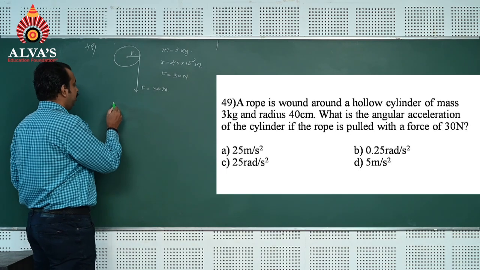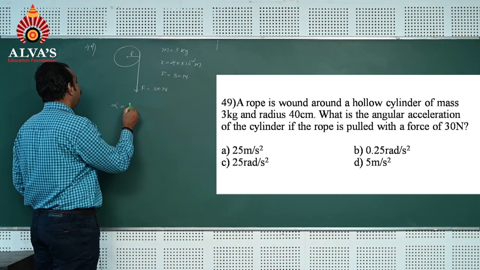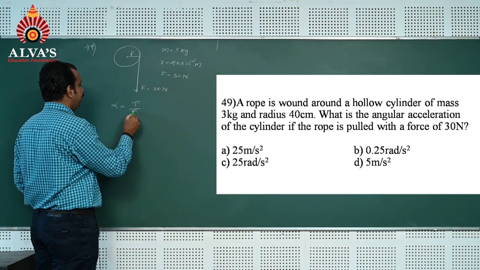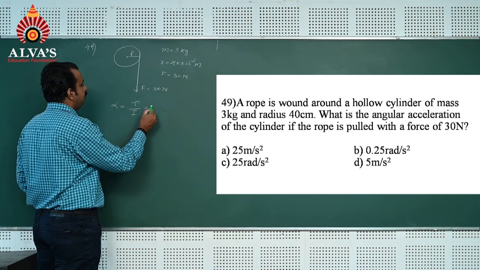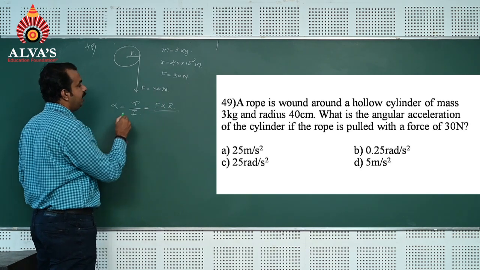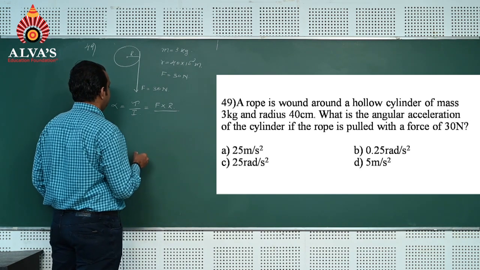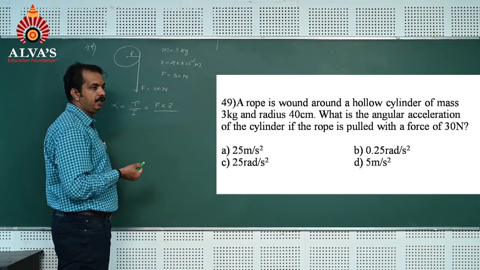Angular acceleration alpha can be found by using the formula alpha is equal to tau by I. It is tau is F into R divided by I. It is a hollow cylinder. Hollow cylinder means it is a ring.